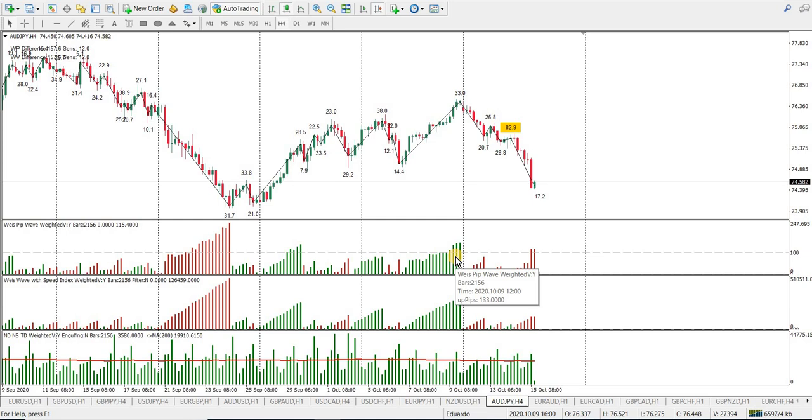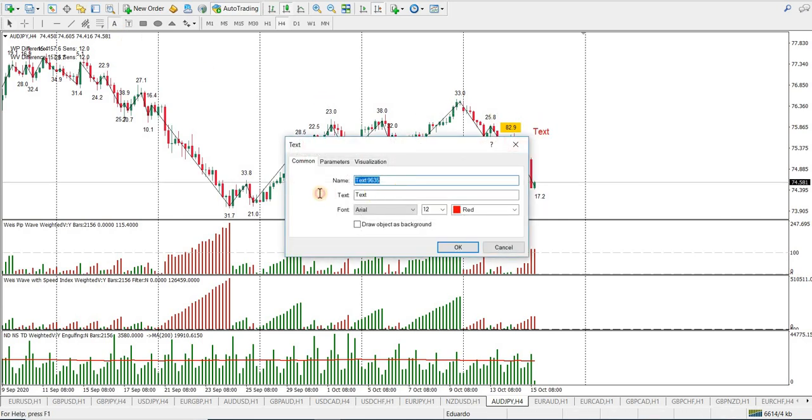Australian dollar JPY. Again, that 82.9. Do you see anything like that on this area? Nothing. What is this? Quantifying effort versus result.